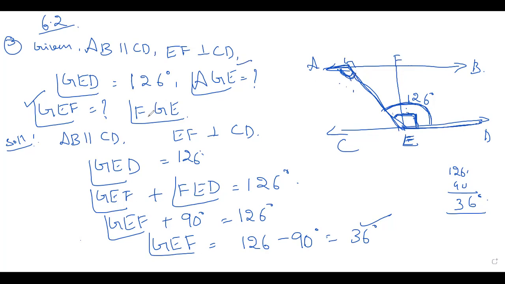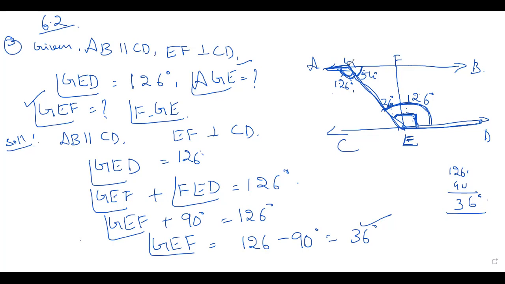Next, FGE. How much is the E angle? Yes, just now I told you it is 126. See, a line is standing on the straight line. A line is standing here, right? So this we call a linear pair of angles. 180 minus 126 gives you 54. Okay children, it is easy to understand, right? So the total 126 came, in that this is 90, so 126 minus 90 gives you this angle, angle GEF, that is 36 degree.